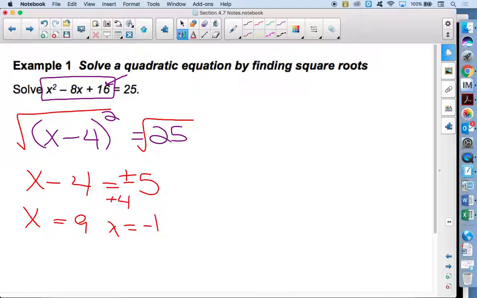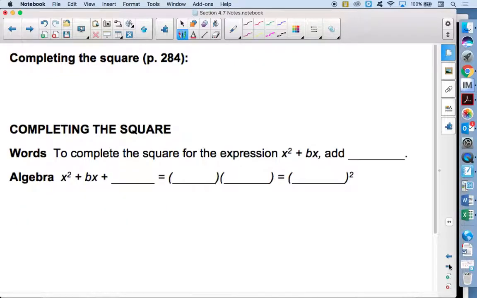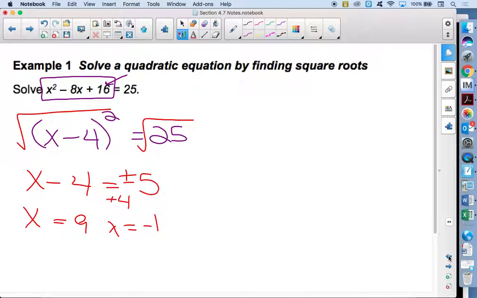All right, so we are going to work on a process called completing the square. Meaning our goal is to come up with problems that always have a perfect square on the left side, that third C value. So can we create our own problems that have that number that force it to be a perfect square?